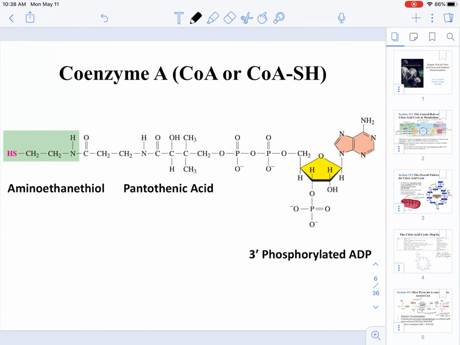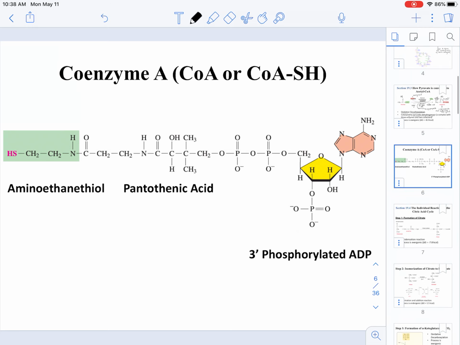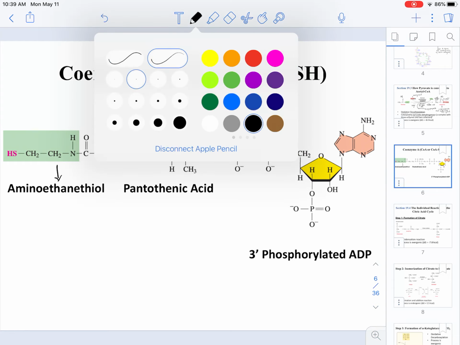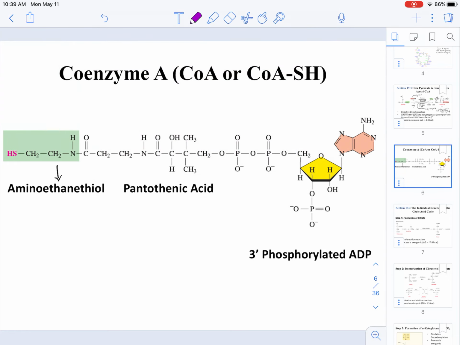So, before we dive into the citric acid cycle, one more thing that I have to mention. Remember that who's contributing the S-CoA portion to the acetyl group that came from pyruvate is going to be coenzyme A. And coenzyme A, we talked about previously. Now, coenzyme A has 3 different components. Coenzyme A has an aminoethane thiol. The next component is pantothenic acid.